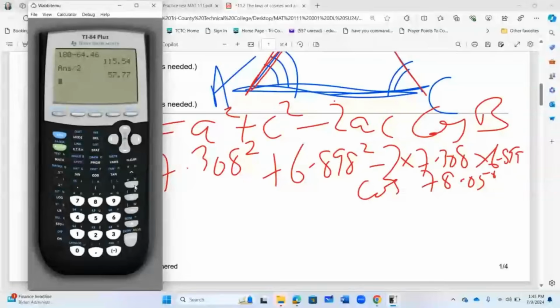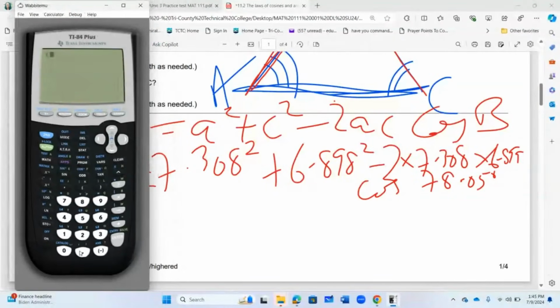Okay, so I get my calculator and I put in the right-hand side. I would like to start with parentheses, clear. Parentheses, 7.308 squared, plus 6.898 squared, minus 2 times 7.308 multiply 6.898.